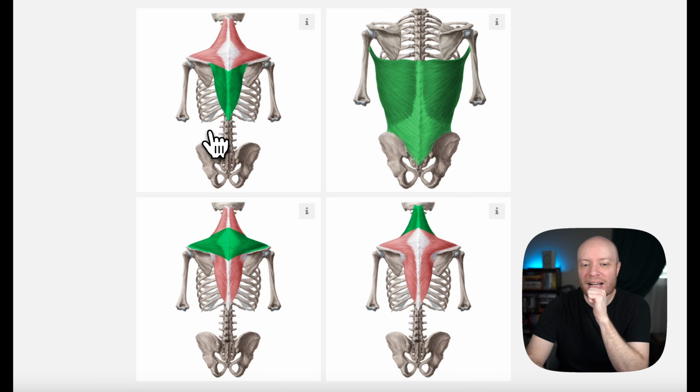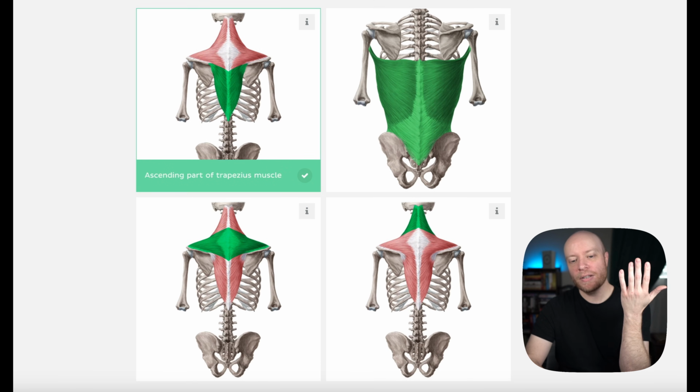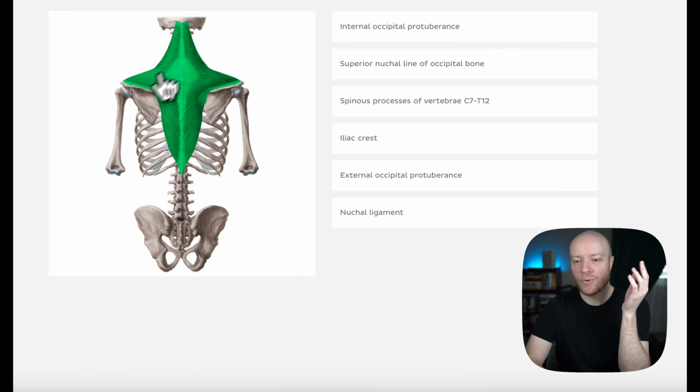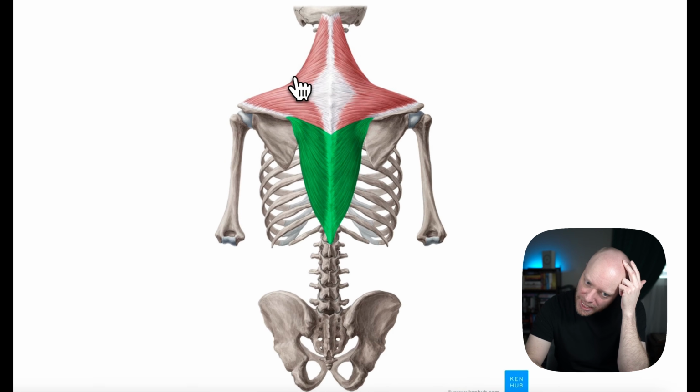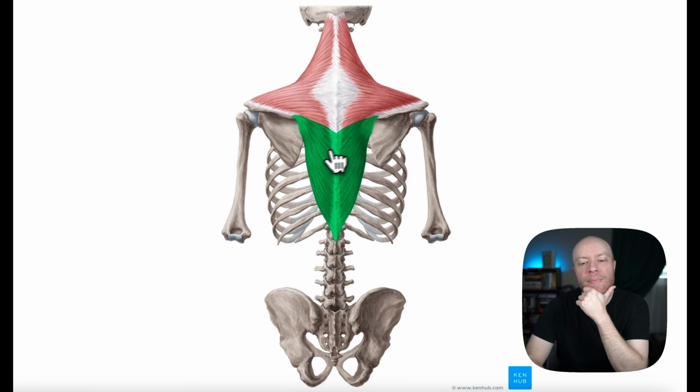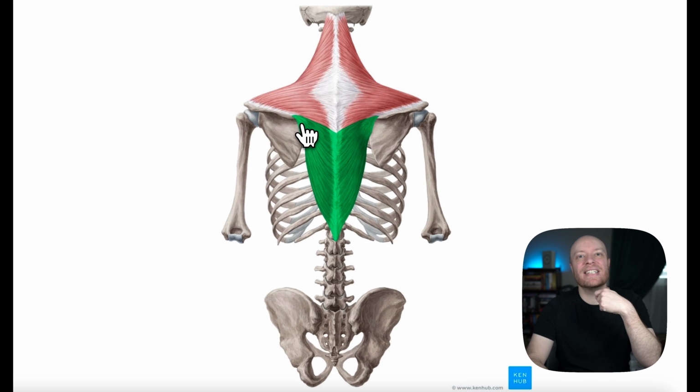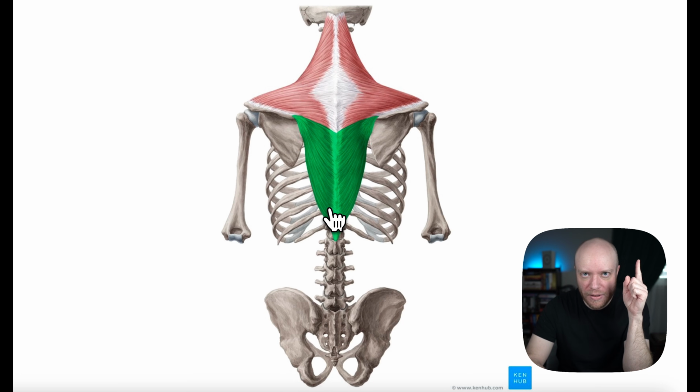The answer is going to be right here. Now, as I click on this, I'm actually going to go back, because this is another cool aspect of the quizzes. You can go back and inspect things. And as I click on the eye icon, a lot of times people want to say this is the descending part because it's going down, right? Or at least you get the feeling. But I want you to really look at the fibers.